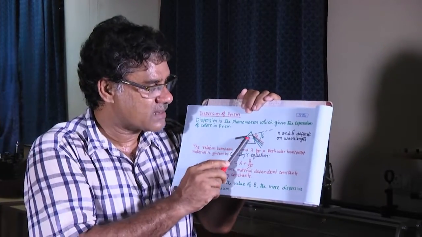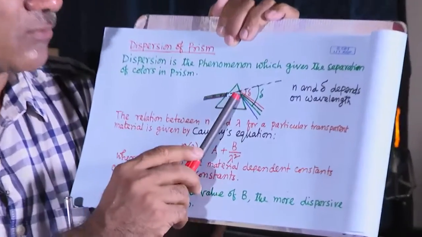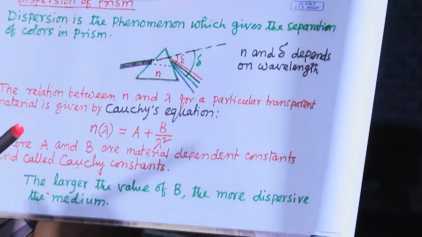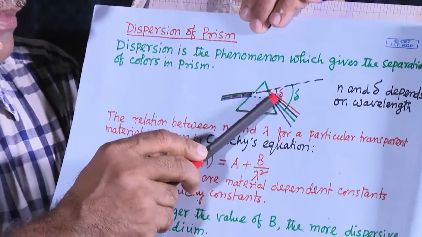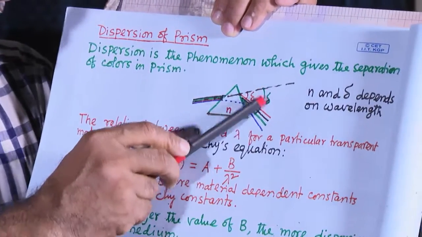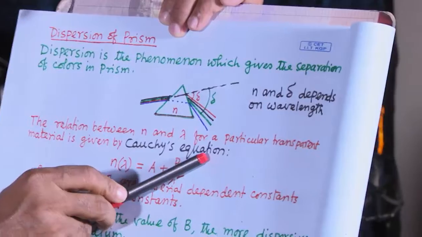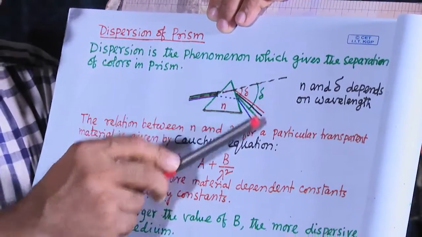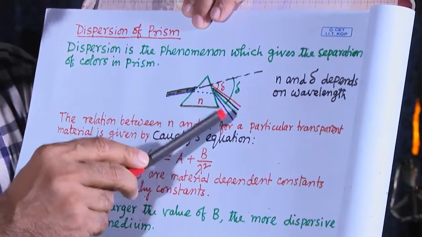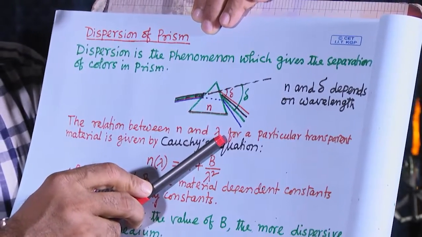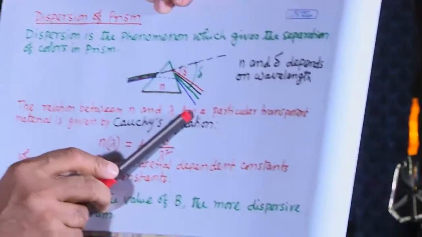When it passes through the prism, or any other grating, if the colors are separated spatially in space, if you see them separately, that is basically called dispersion.